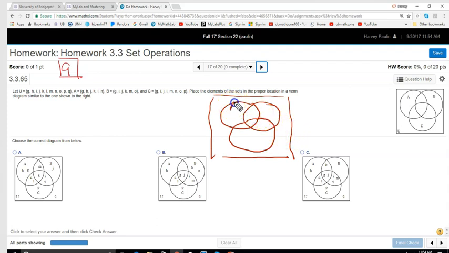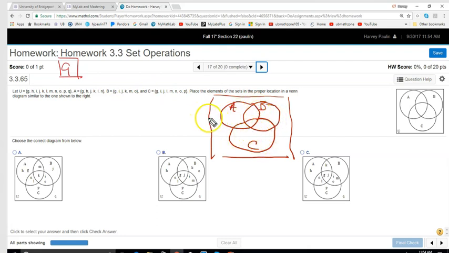So we're saying this is A, this is B, and this is C. Now you want a protocol to fill this in. And on your paper, make it big enough so that it's easy to separate things and to put items in. Now here they're giving us the universe. Then they're set A, set B, set C. And they want you to place the letters in the appropriate spots.